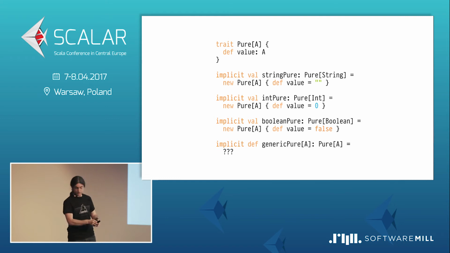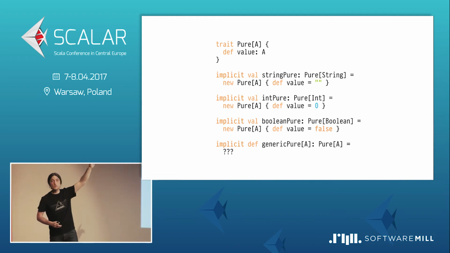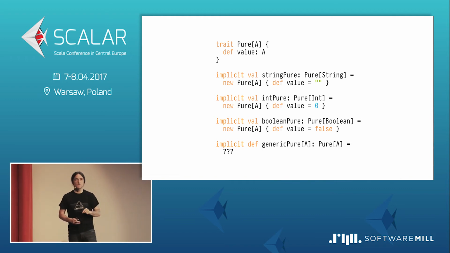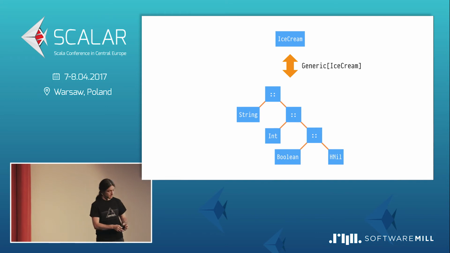So rather than say, create an ice cream, I'm going to say, get me a pure for ice cream, and call its value method. So the way we do that, this is the most hand-waving slide in the talk, is we use a thing in shapeless called a generic. So generic is a piece of sort of magical machinery that will allow us to take an ice cream and turn it, just boilerplate free, into some big data structure.